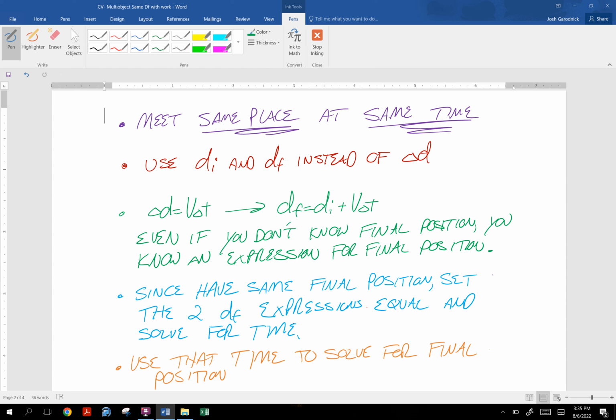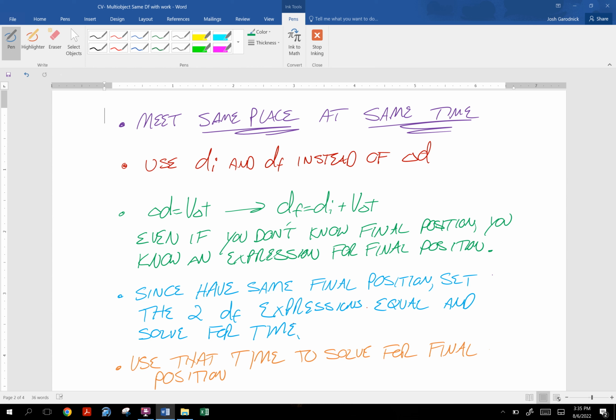Just in review, we used the constant velocity expression, delta D equals velocity times time, separated the delta D to D final and D initial and then came up with an expression that the final position equals initial position plus velocity times time. And we don't know that final position. Some people get stuck there. I don't know what it is. Who cares?